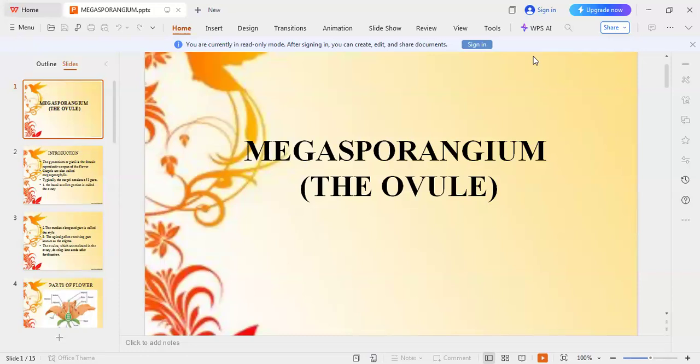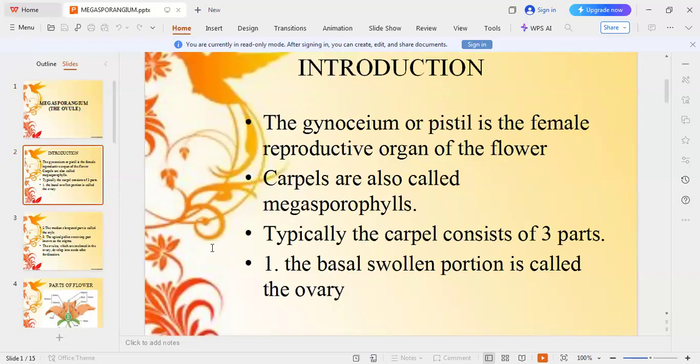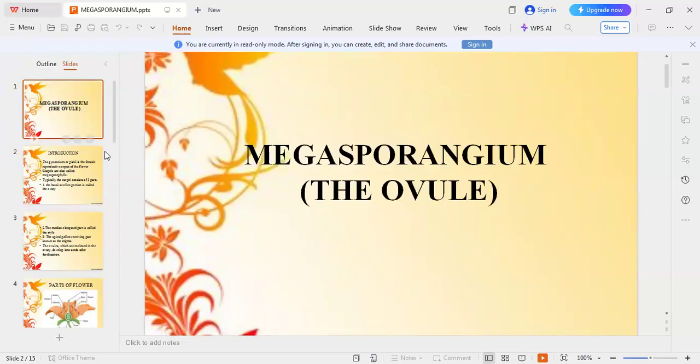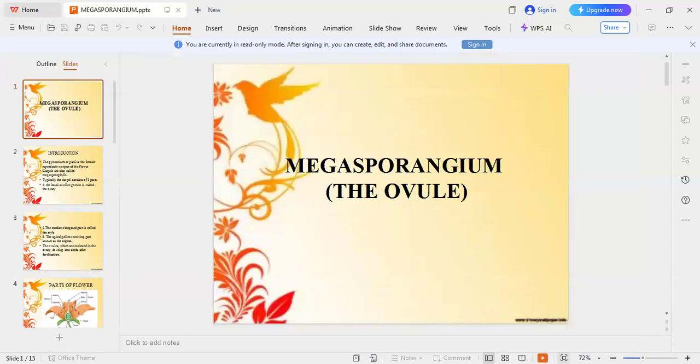Yesterday, madam clearly explained microsporogenesis, the structure of the anther and internal structure of the anther, and also the development and structure of the microspore. Now, madam is going to explain the megasporangium, which is nothing but the ovule. Madam is going to explain the structure of the ovule. Madam, please welcome and start your session.